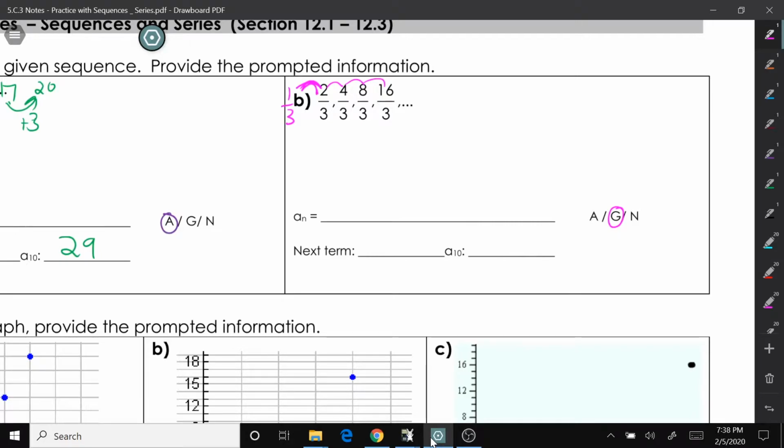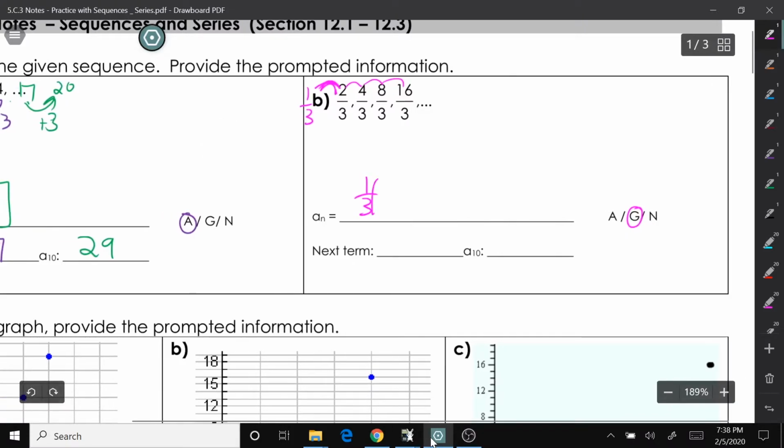So our function would be 1/3, and we are multiplying by 2 each time. We have 2 to the nth power. So then we can answer the next question. So the next term, 16 times 2 is 32 over 3, because these all have divided by 3.